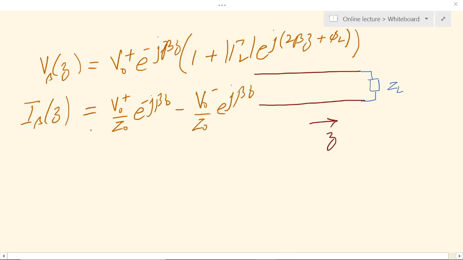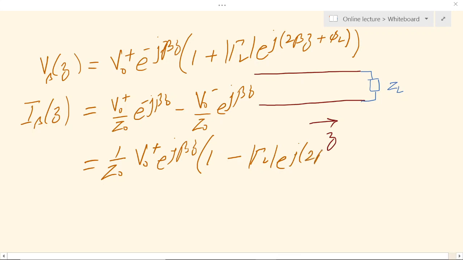When you simplify it, you will get 1 over Z naught, V naught plus e to the power minus j beta z, times 1 minus gamma L e to the power j 2 beta z plus phi L.